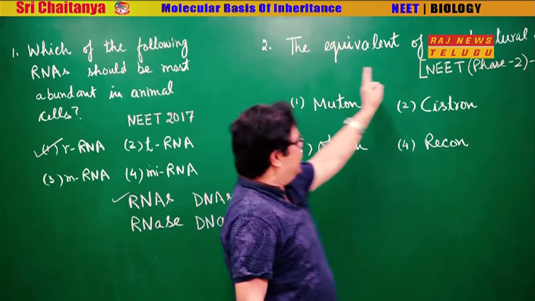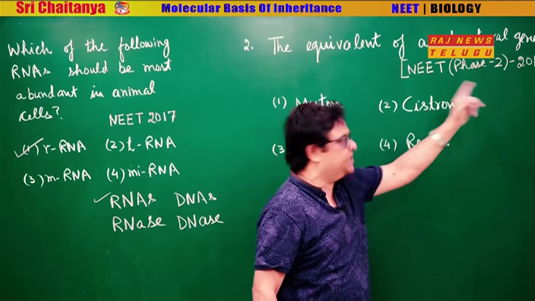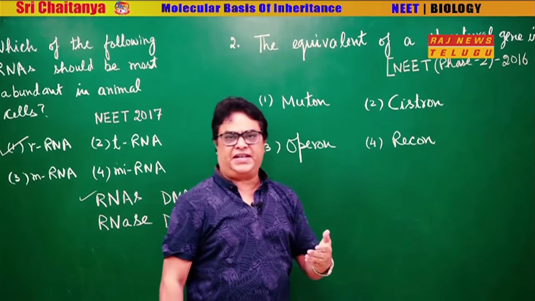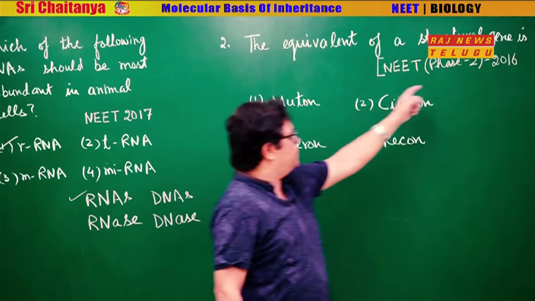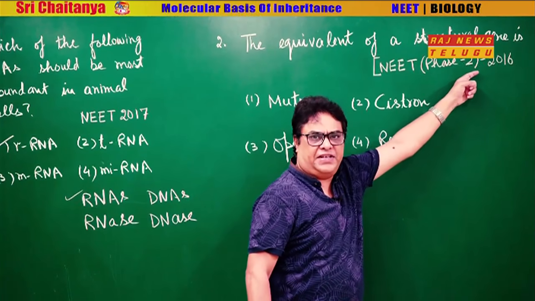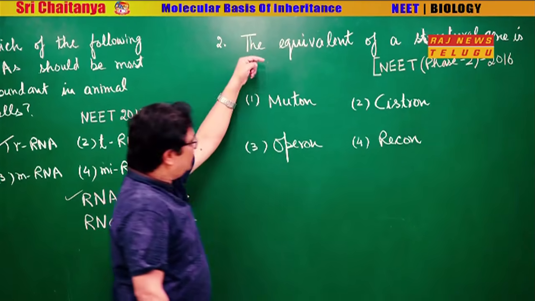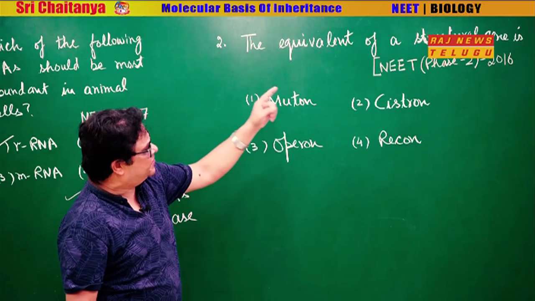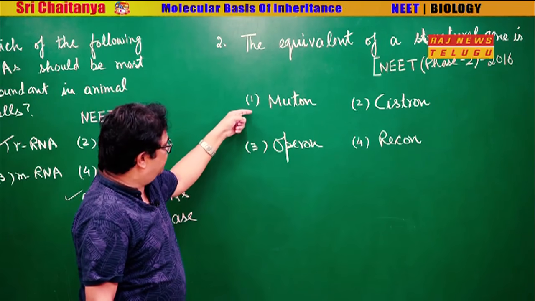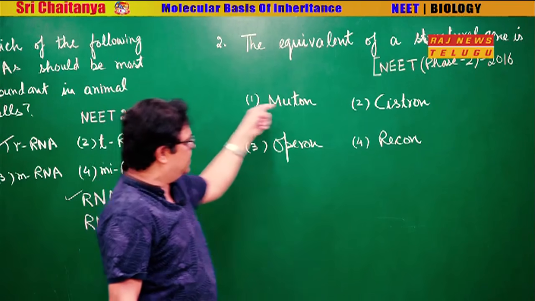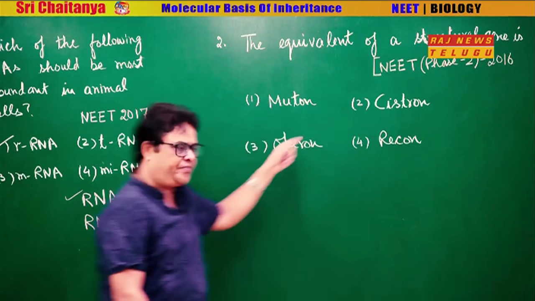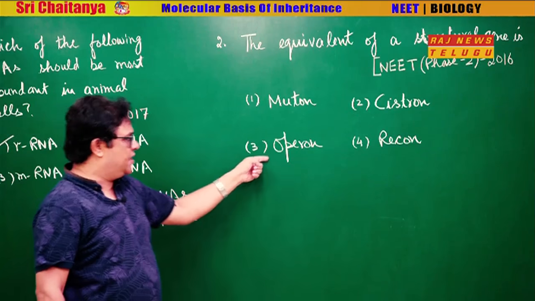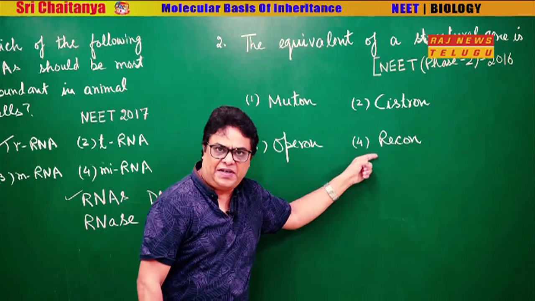Next we come to our second question. The equivalent of a structural gene is... you know, in 2016 NEET was held in two phases, so this was asked in phase 2 of NEET 2016. The options are first muton, second cistron, third operon, and fourth recon.